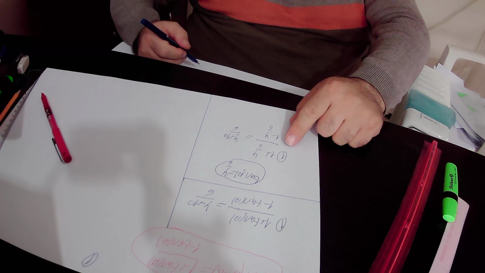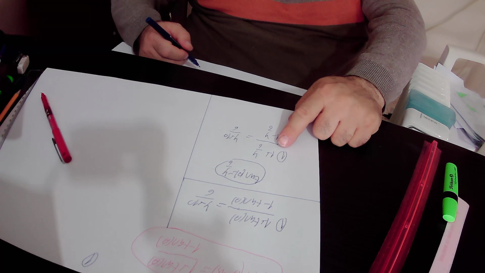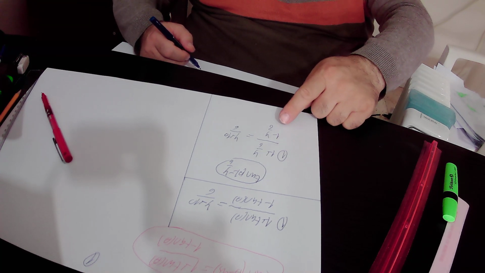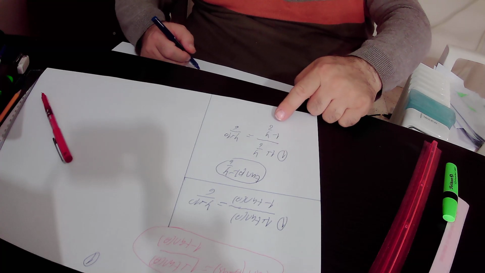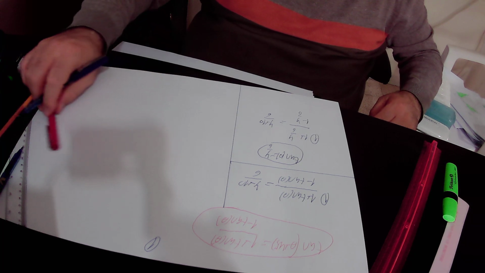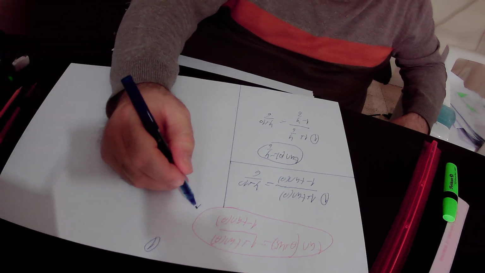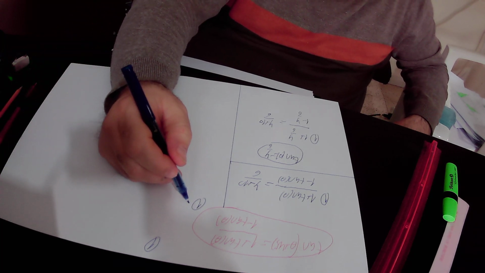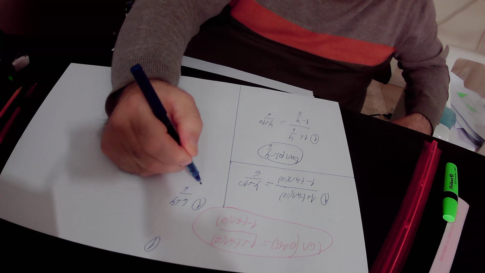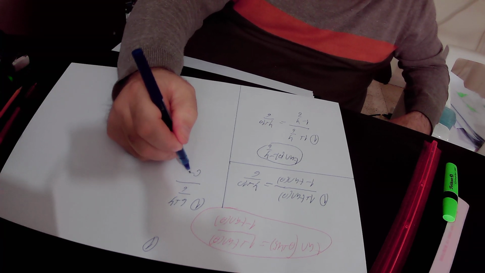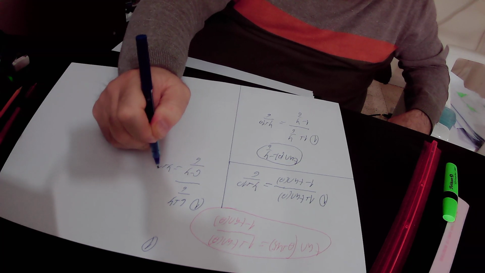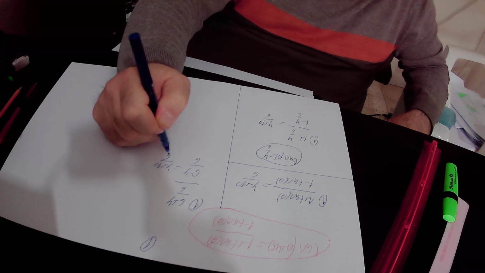Here we will multiply 1 by 6 and then divide it by 6 in order to have a common factor with y over 6 and with minus y over 6, and we get 6 plus y over 6 over 6 minus y over 6 equals y plus 10 over 6.